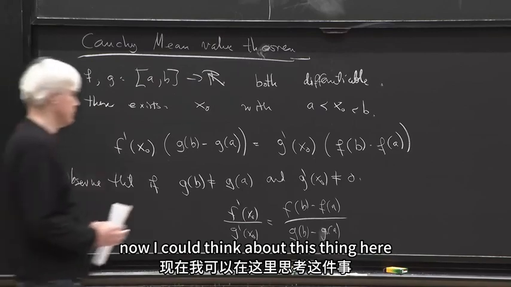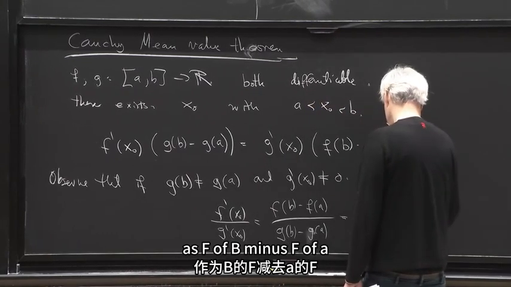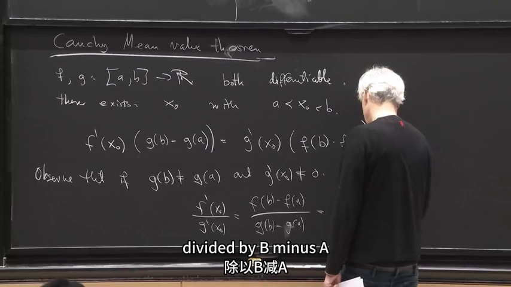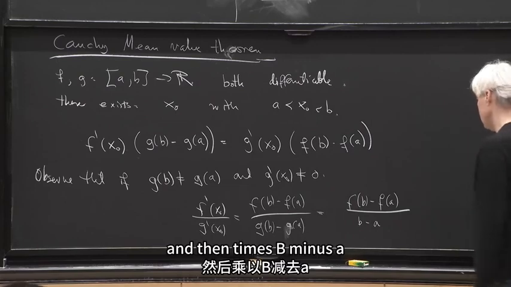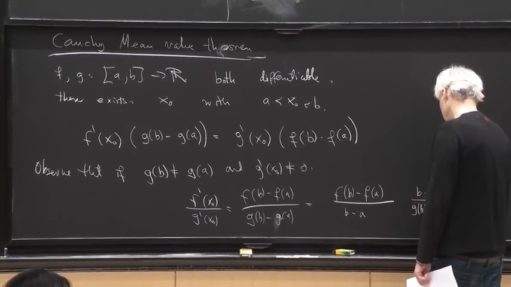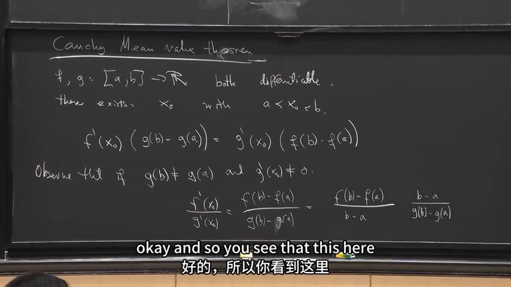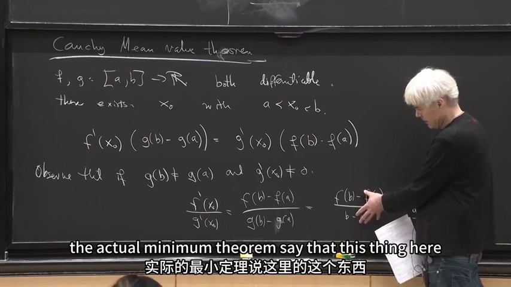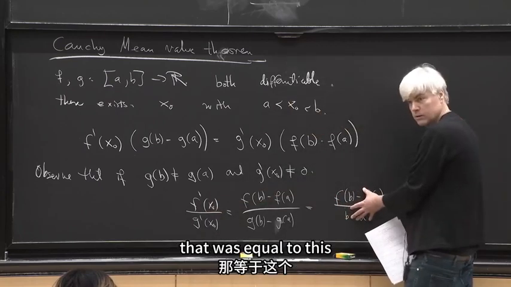Now, I could think about this thing here as (f of b minus f of a) divided by (b minus a). So I could think about it like this, and then times b minus a is g of b minus g of a. Okay, and so you see that the actual mean value theorem says that there would be some point x0 in between that was equal to this, right?